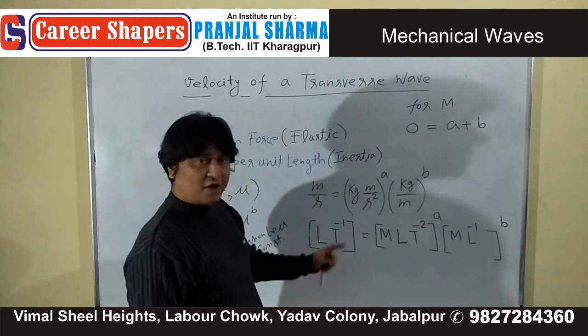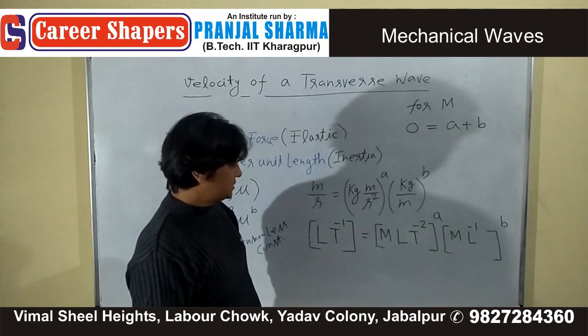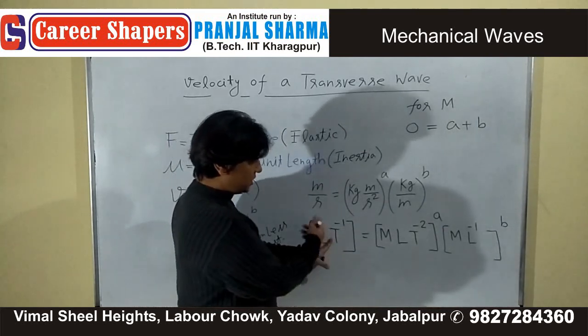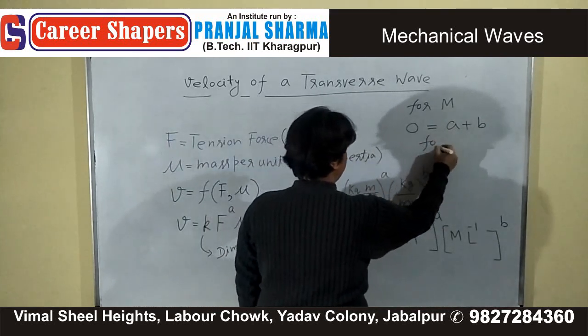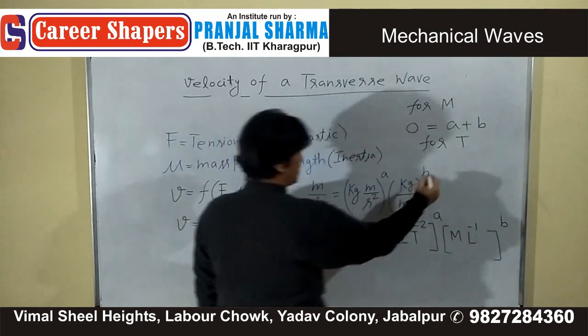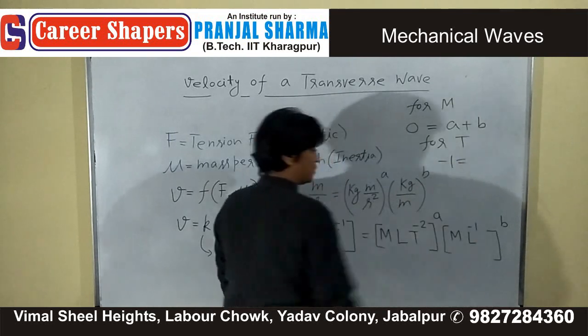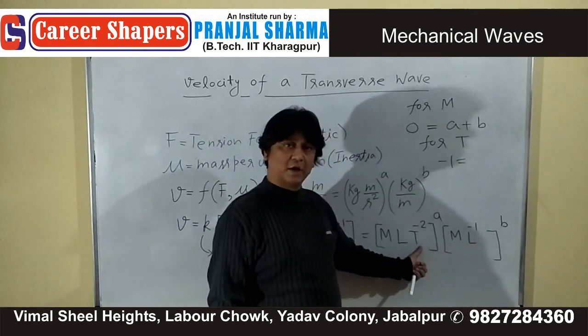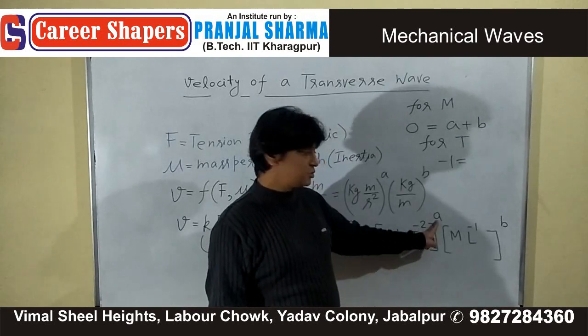Next, instead of comparing L, let's directly compare T. On the left hand side the power is minus 1. On the right hand side T is present over here, and the power is minus 2A.